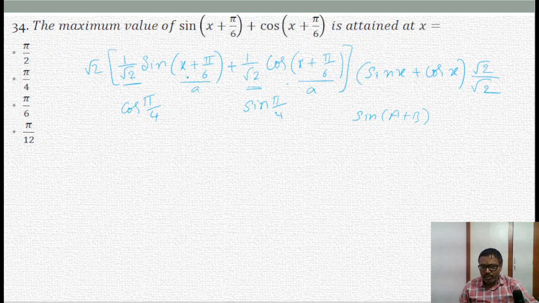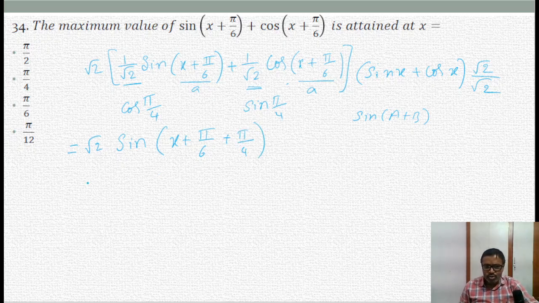So it is in the form sine a cos b plus cos a sine b, so you can write it as sine of a plus b. What is a? X plus pi by 6. What is b? Pi by 4.